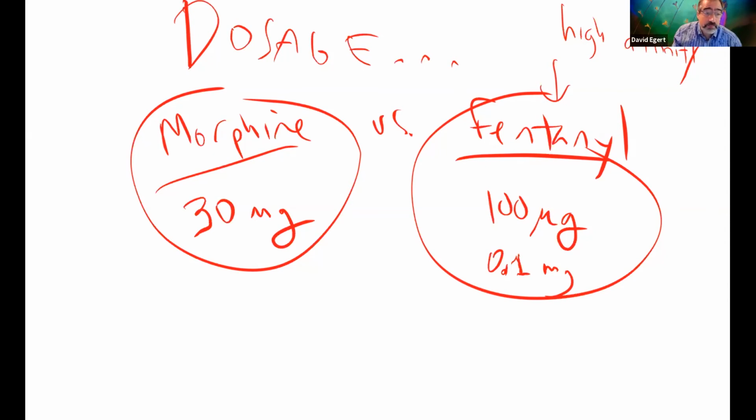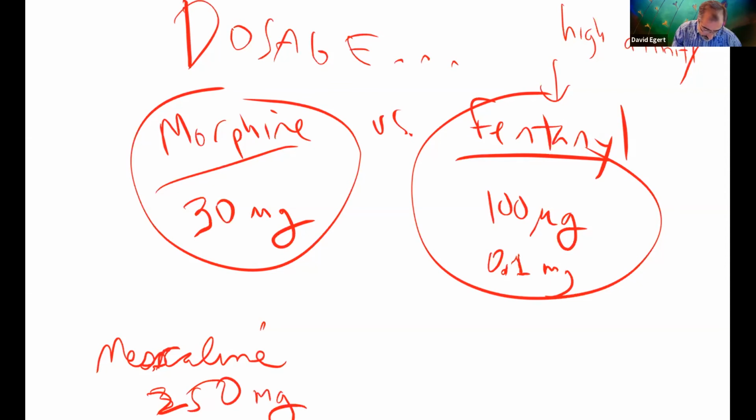Similar thing, if you think about classic psychedelics, like peyote, mescaline. You might need maybe 250 milligrams of mescaline to have a proper psychedelic journey with peyote or something. With LSD, again, it's another thing with incredibly high affinity.